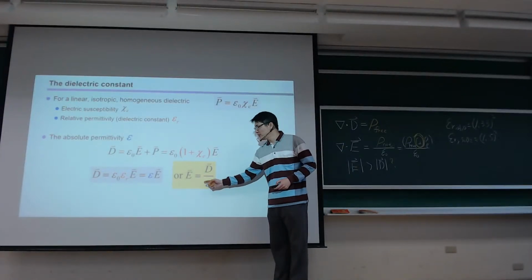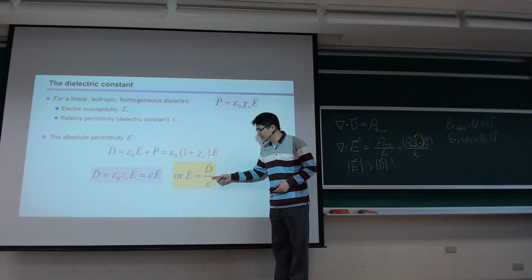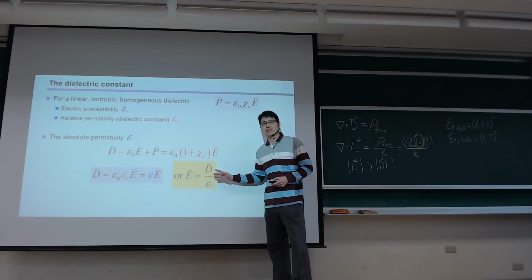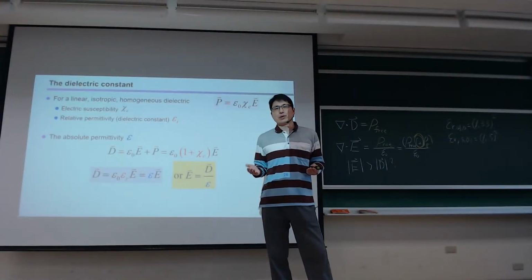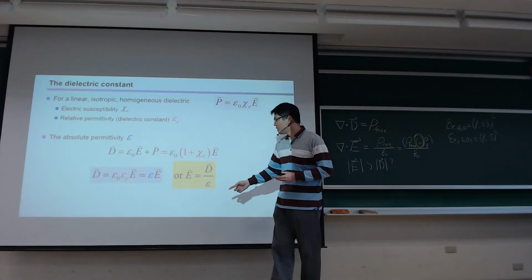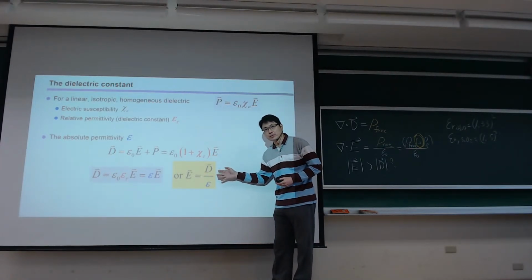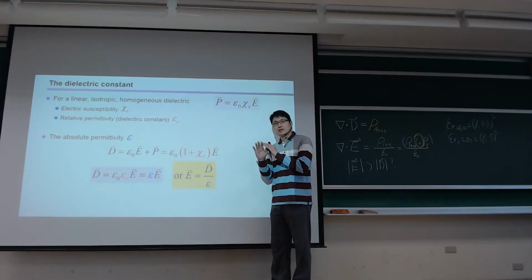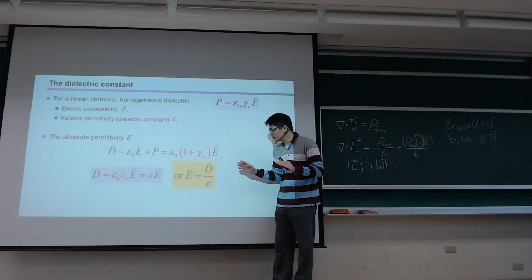E vector is the flux density vector divided by epsilon. This makes more physical sense. It's the same equation written in a different way, but now there's no room for ambiguity.